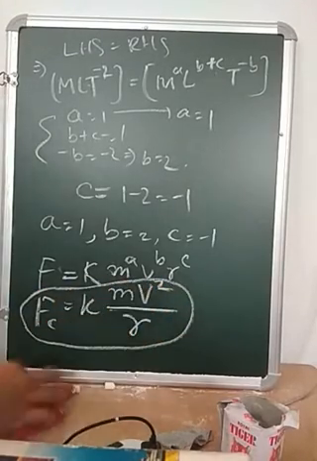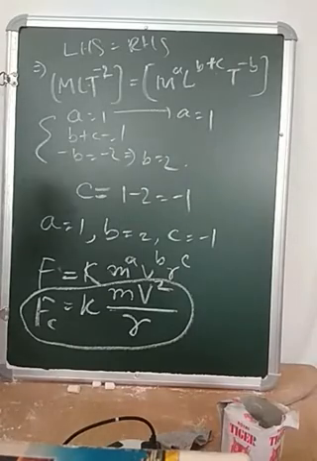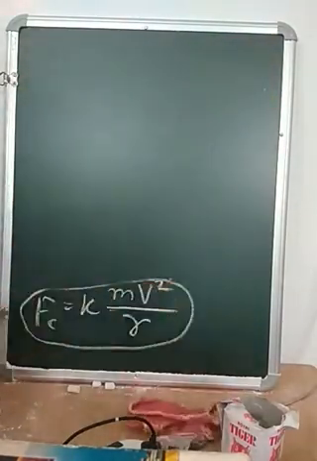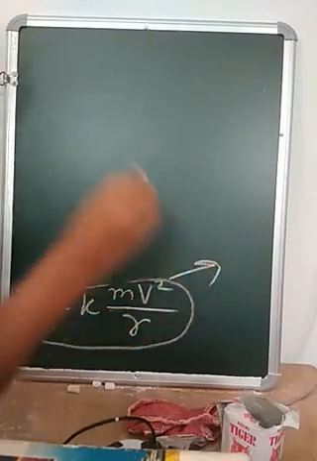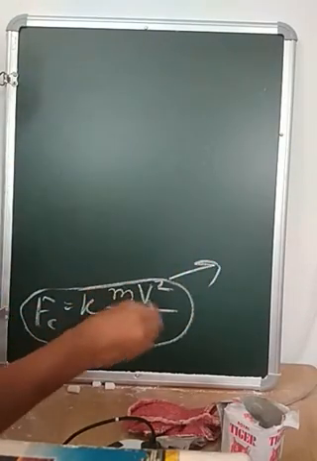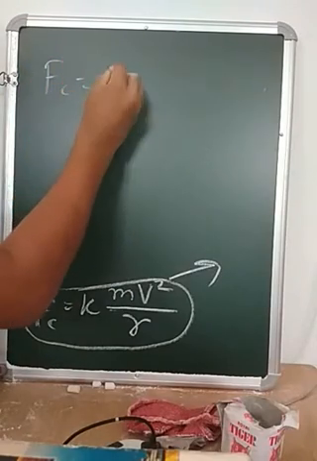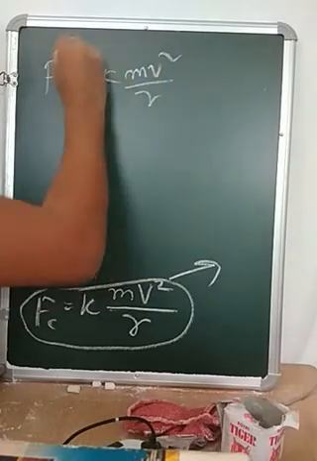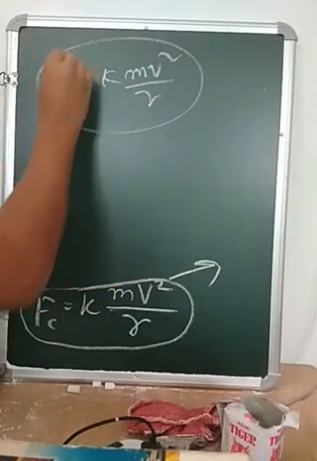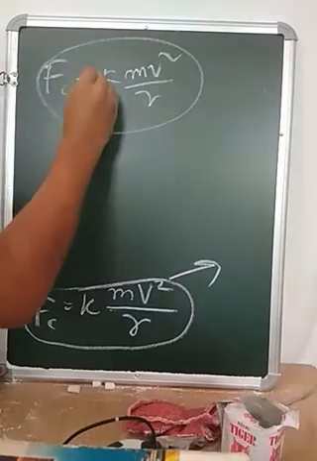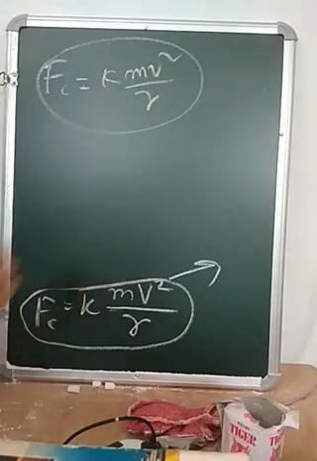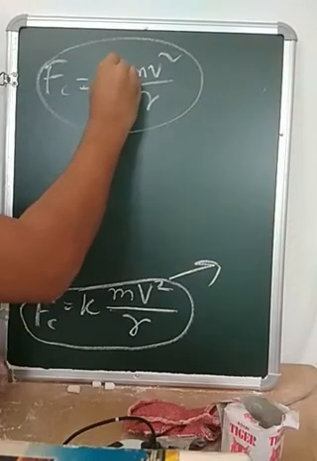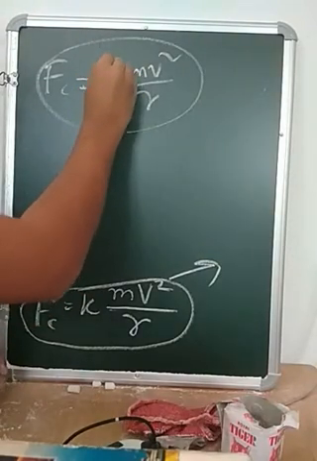Okay, we have got the centripetal force from simply equating the dimensions, in terms of m, v, r. So F is equal to k m v squared by r. Centripetal force equals m v squared by r. So simply by equating the dimensions, we can derive the formula.